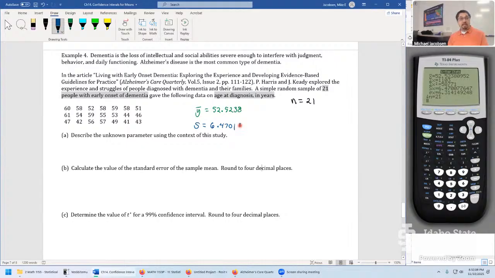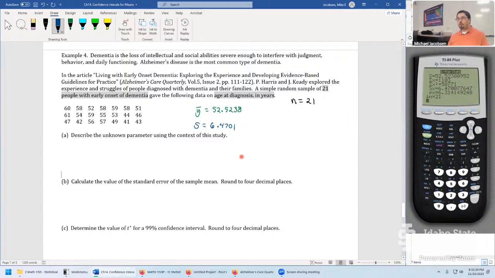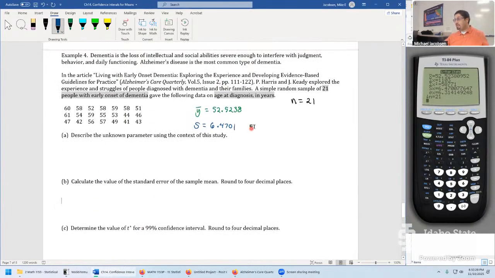And we'll do even better by using the right critical number, T star. So now we're in the phase where we'll take a look into the underlying population, calculate the standard error, critical value T star. We're kind of low on time, so let's finalize getting the parameter down, and then we'll come back to the mechanics parts below when we do this on Wednesday.